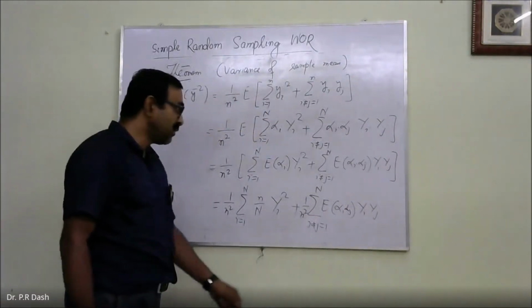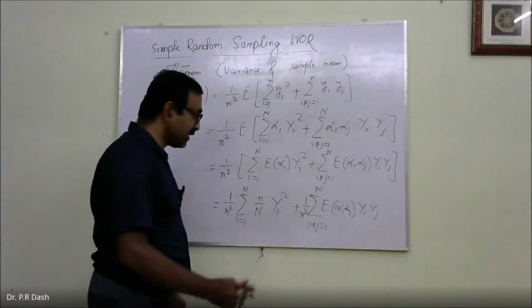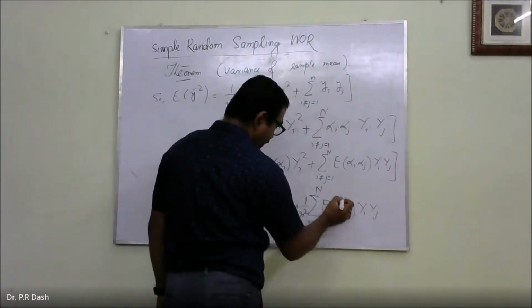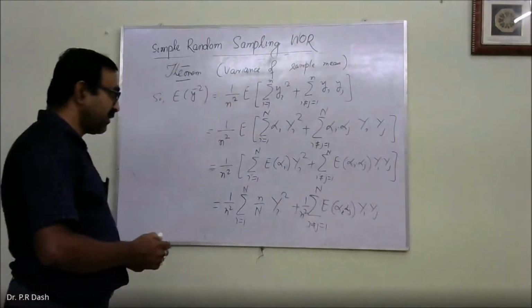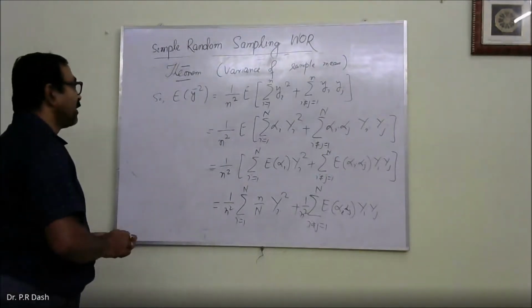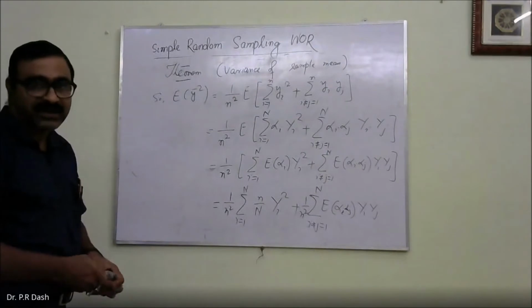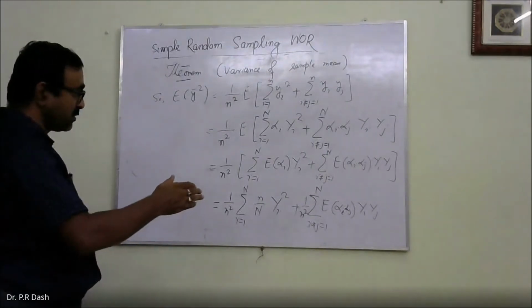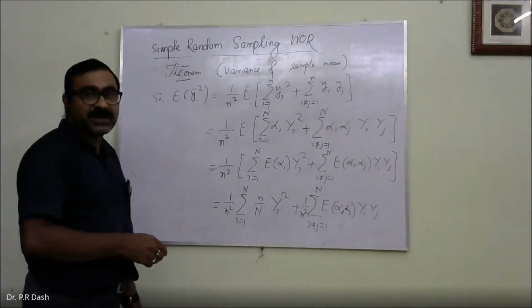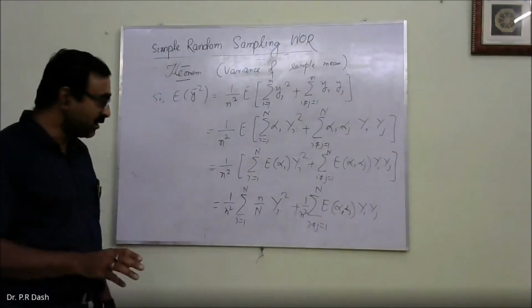So here alpha i alpha j means both the ith and jth unit are selected in the sample. So if the ith unit is selected at any draw, the jth unit will be selected out of the remaining n minus 1 draws.